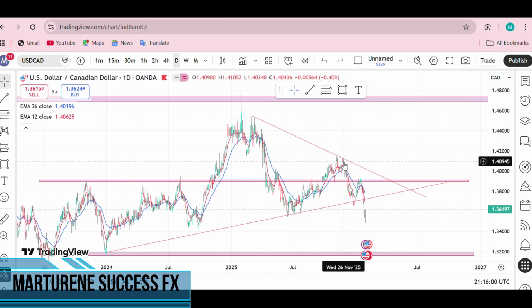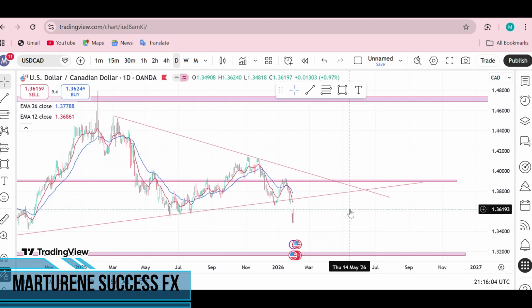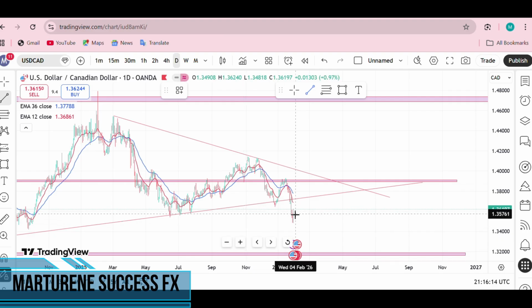So what we are going to be watching is to see that the market comes back on this and makes a retest on this trend line. Let me show the possible options I'm thinking.